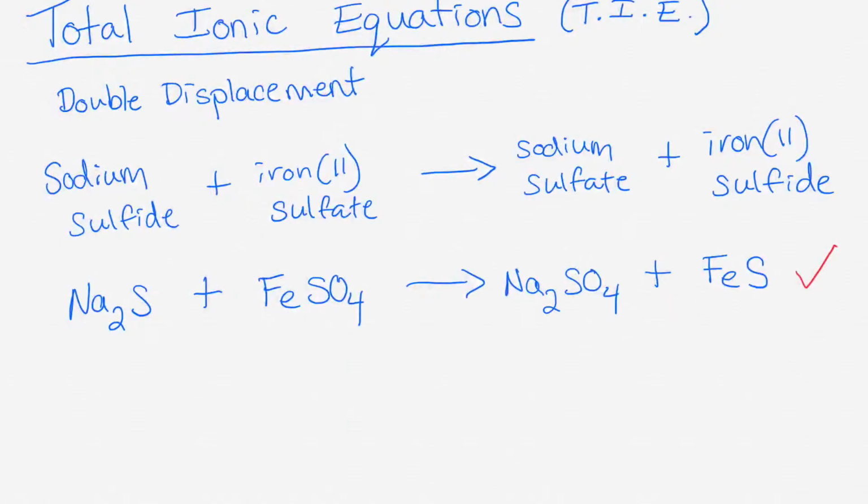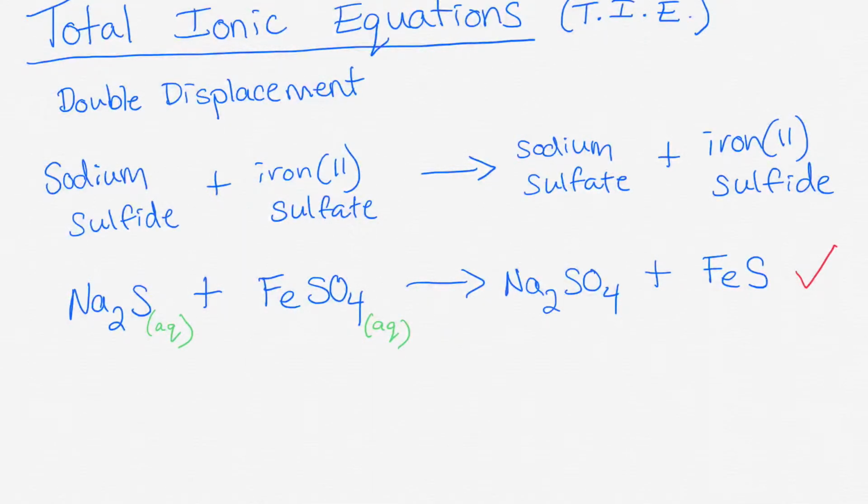Okay, so when we're looking at ionic compounds, the one thing that we also want to review is what state each of these are going to be in. So we're going to look at our solubility table, and our sodium sulfide is going to be aqueous. It does dissolve in water. Our iron 2 sulfate also is aqueous.